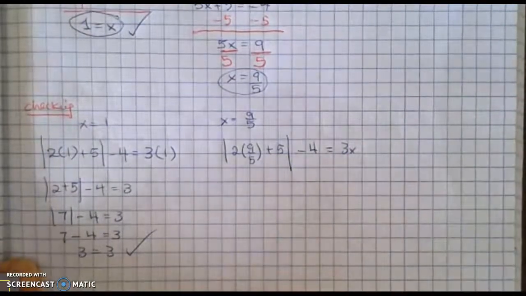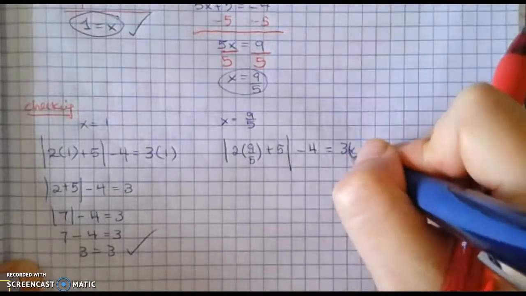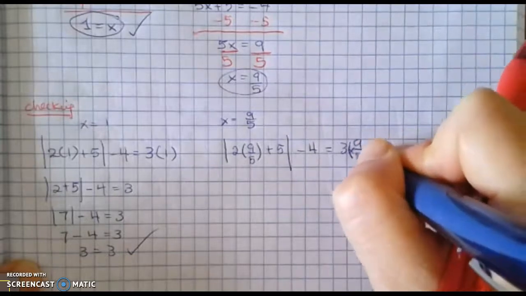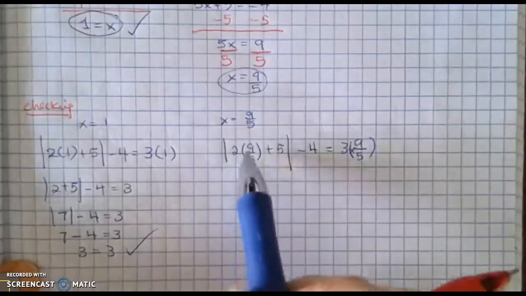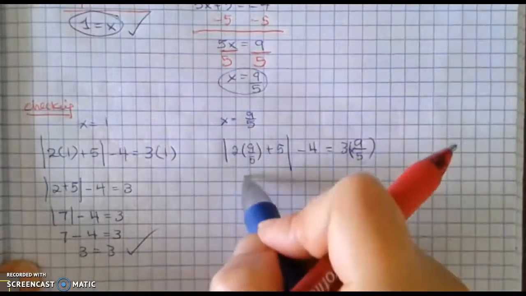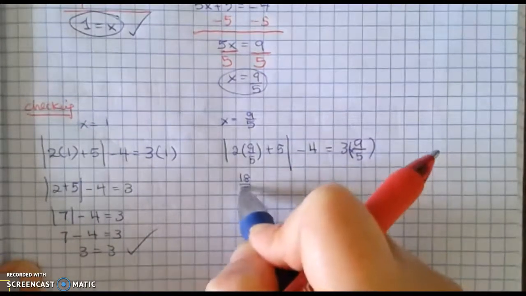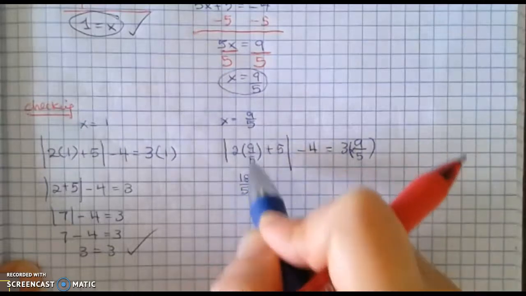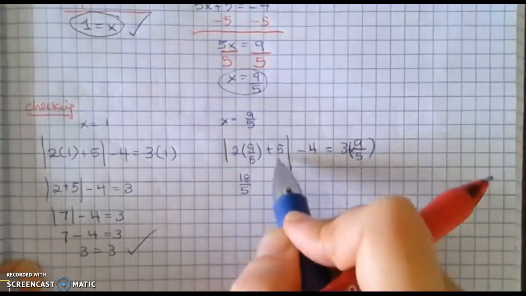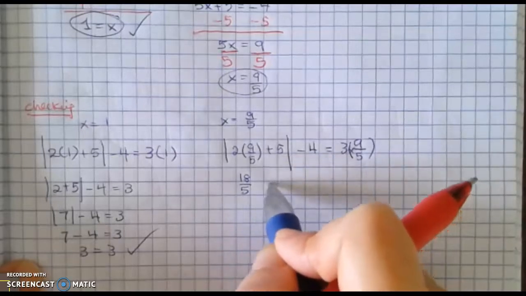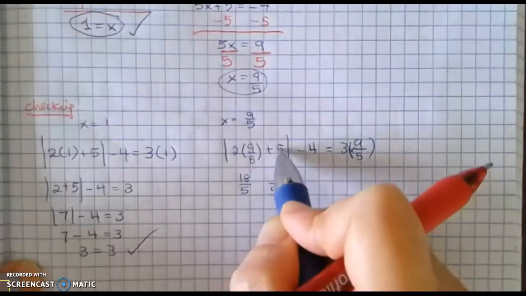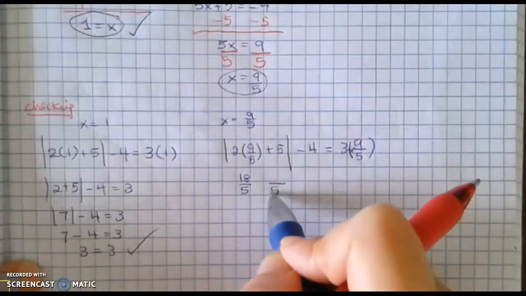Okay, instead of x, I should be writing 9 over 5 as well to see if that is true. Okay, so what's 2 times 9? That's 18 over 5. Since we are adding a fraction with a whole number, I want to have the denominator to be the same.